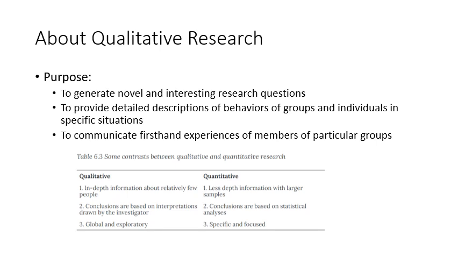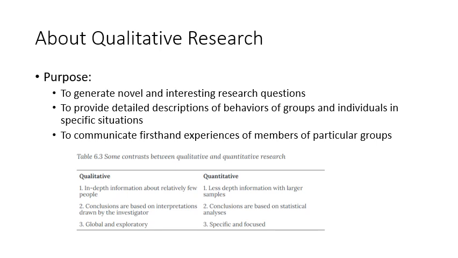So just a little bit of quality between qualitative and quantitative. In qualitative, we're looking at in-depth information about relatively few people, compared with quantitative, less deep information, but more people. In qualitative, we base our conclusions on interpretations drawn by the investigator, so it's what we call subjective.